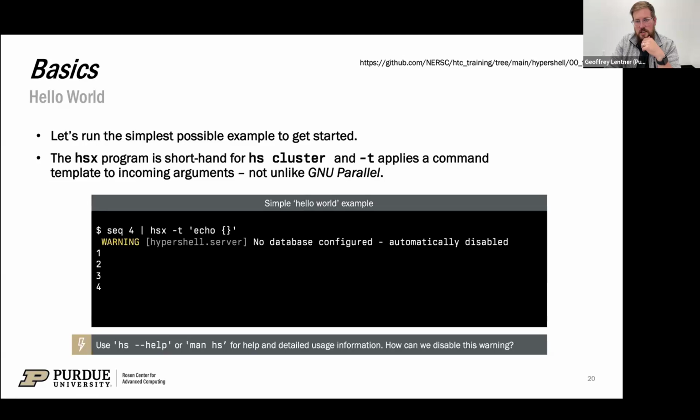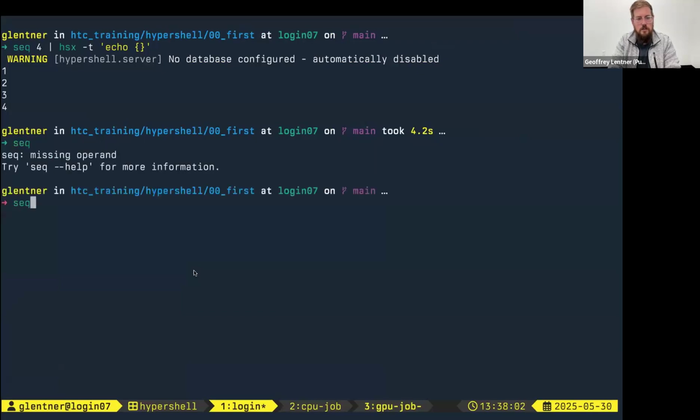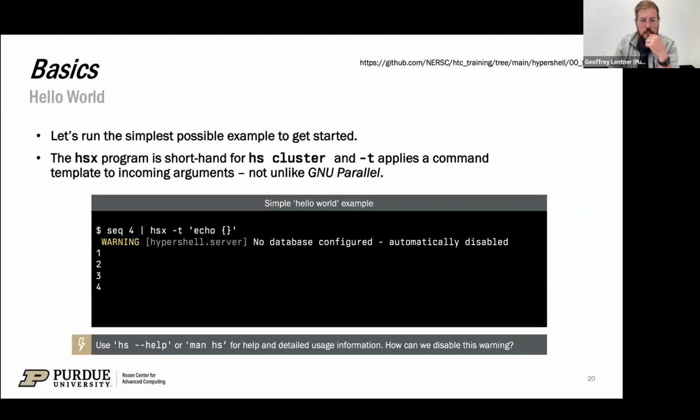A lowercase t for the Hypershell cluster entry point means template. And the naked curly braces here are exactly the same as in GNU Parallel. Essentially, the seq Unix command just gives you a range of numbers 1 to 4 here, and we're just piping that in and re-echoing them out.